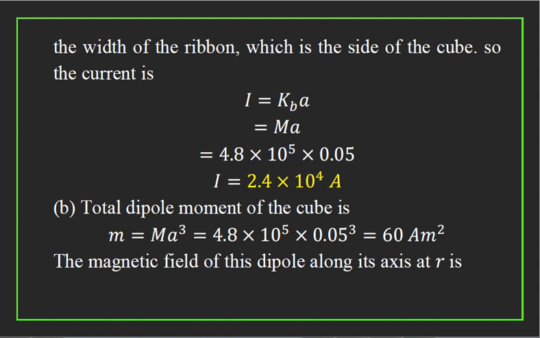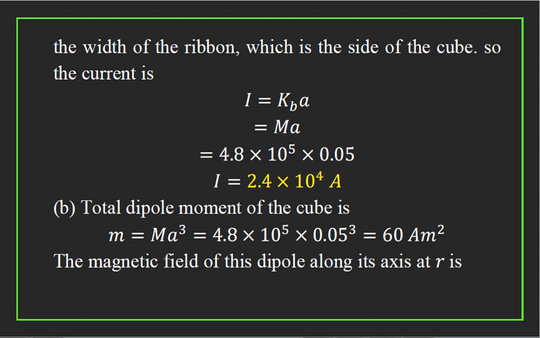So the current I is equal to surface current density into width of the path, that is equal to length of the cube A, that is equal to m into A. Now magnetization is 4.8 into 10 raised to 5, into 0.05. So the current passing through the surface is 2.4 into 10 raised to 4 ampere because of magnetization.